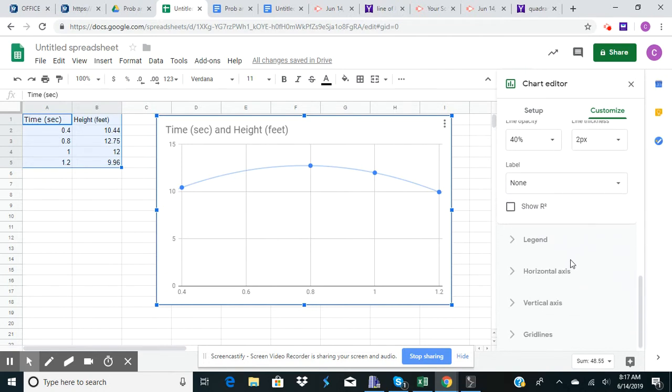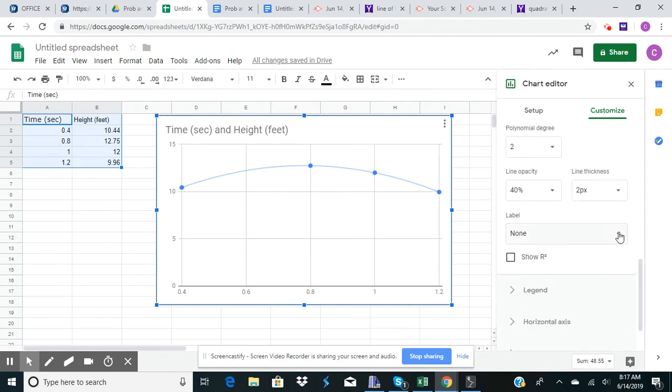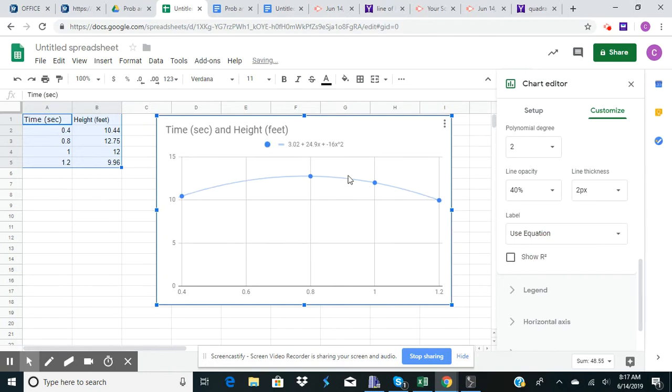And again, if I go down and ask for my label to use the equation, I will see the equation there. Remember that you have to put y equals, and this time the calculator did a, b, c. This time it just wrote it in the opposite way for whatever reason. But you're going to get the same equation, and you have your graph, your curve.